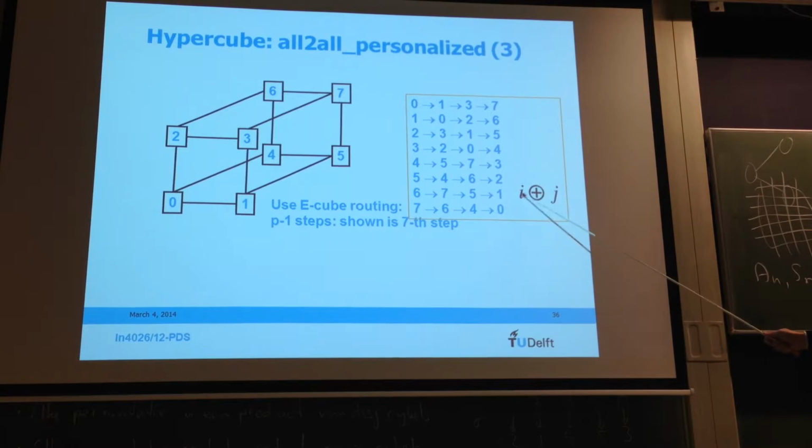Then you can show that in each step you have non-conflicting routes to make your communication hold. That means you can use all the communication channels, because you only need p steps to exchange in a personalized way all the messages you have.